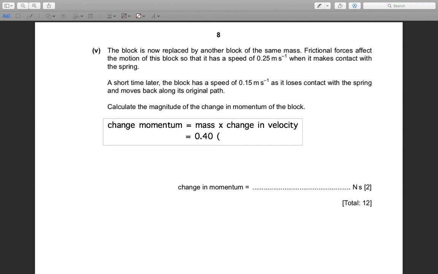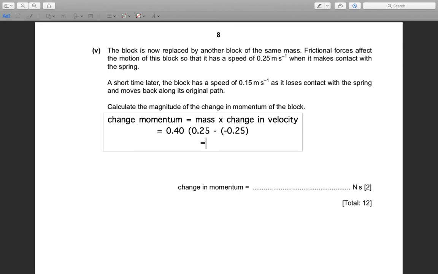Why negative? Because the block is going back in the opposite direction, so this is negative and the other is minus here.